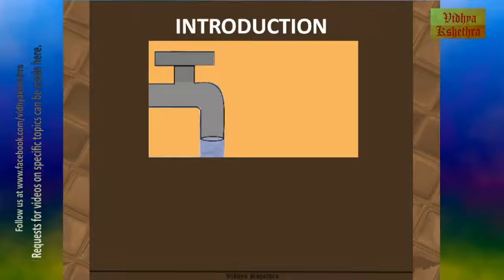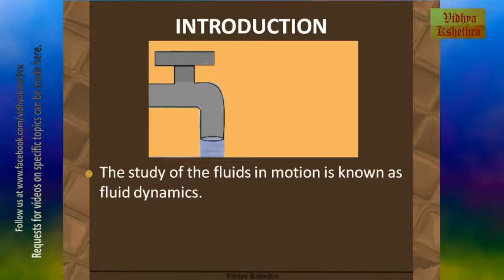At first, the flow of water through the pipe is almost steady, but as the speed of the flow increases, it becomes turbulent. Now, the study of the fluid in motion is known as fluid dynamics.